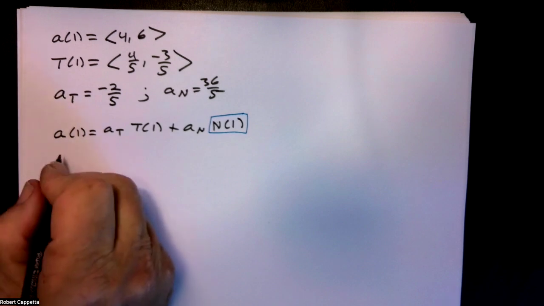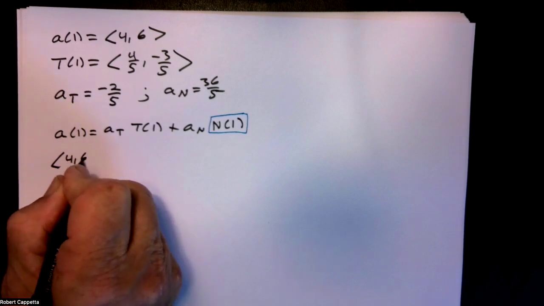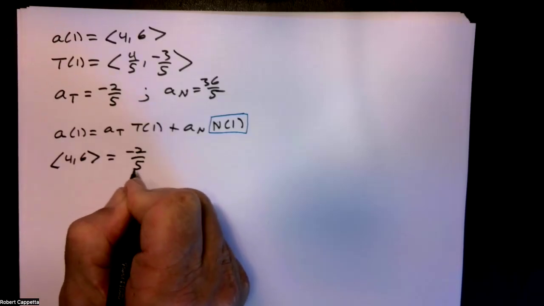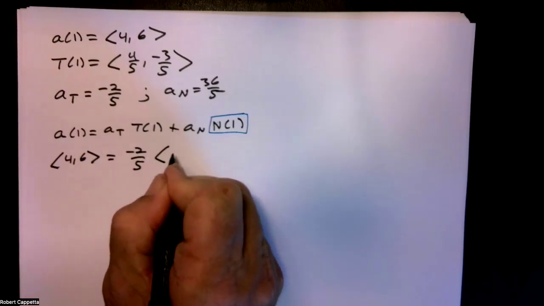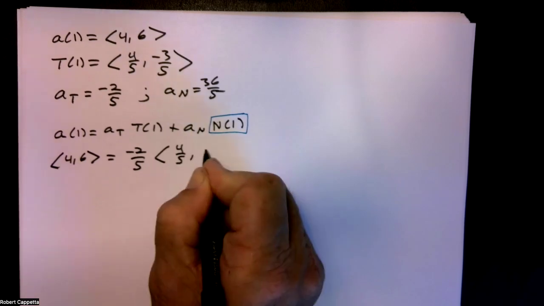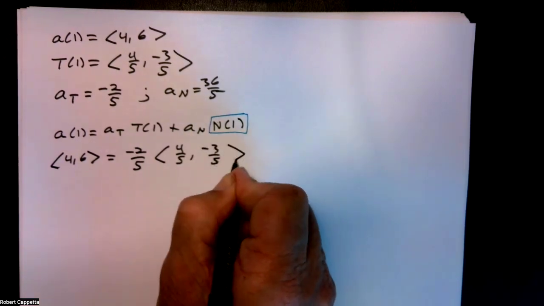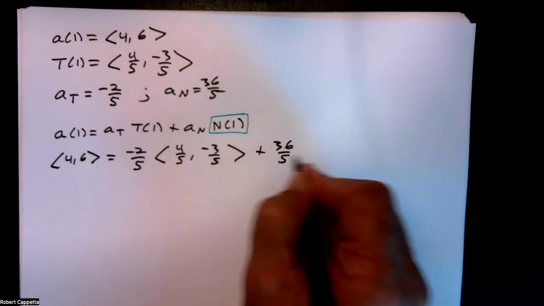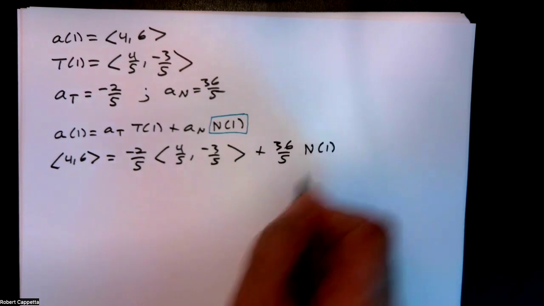So my A of 1 here is 4, 6. A sub t, negative 2/5, times T of 1, 4/5, negative 3/5, plus A sub n, which is 36/5, times N of 1.